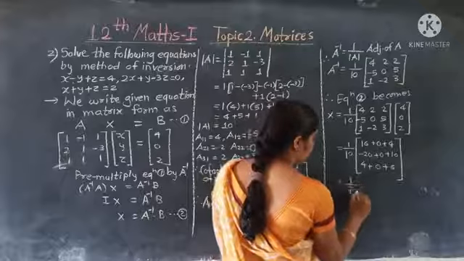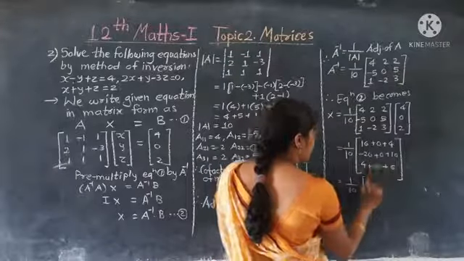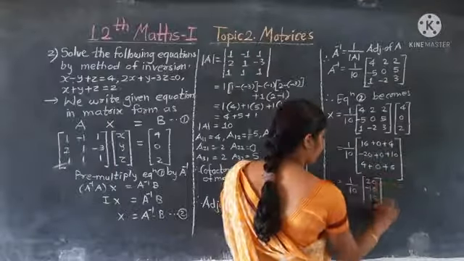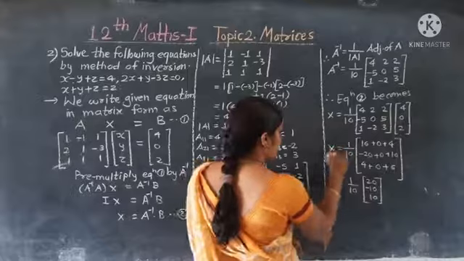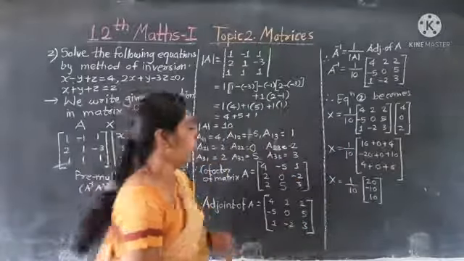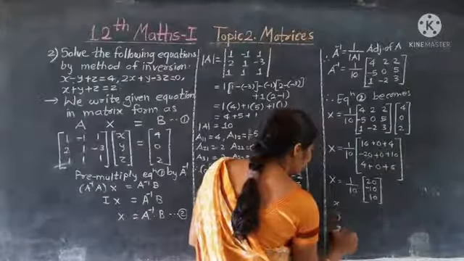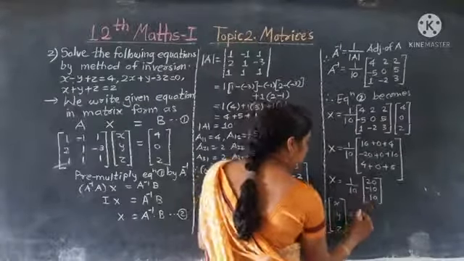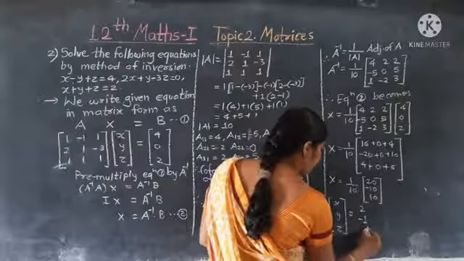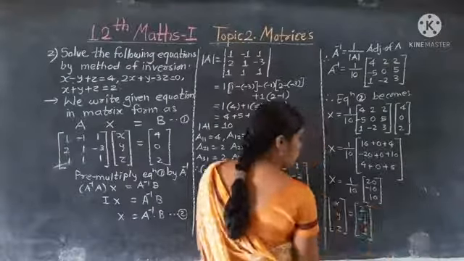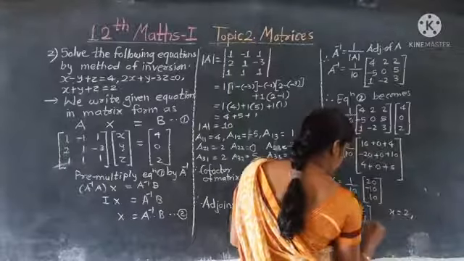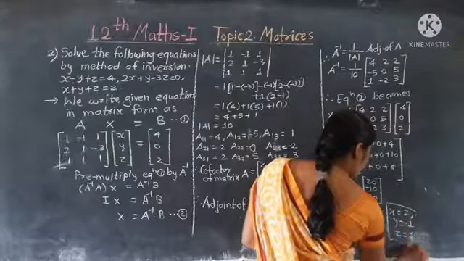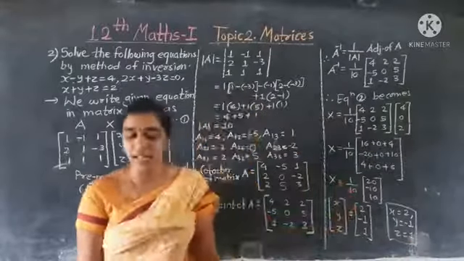So you get 1 upon 10 into bracket 20, minus 10 and 10. We get x as, now x means x, y, z. So we get x, y, z as you divide by 10: 20, 10 and 10. That is we get x is equal to 2, y is equal to minus 1 and z is equal to 1. This is the final answer.